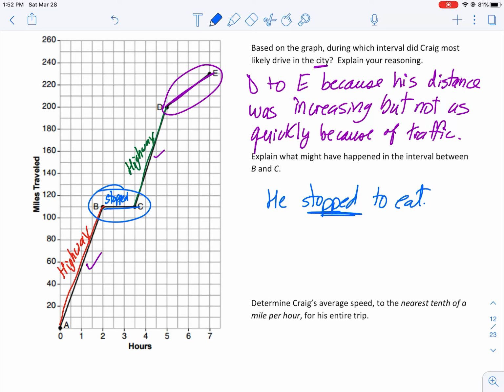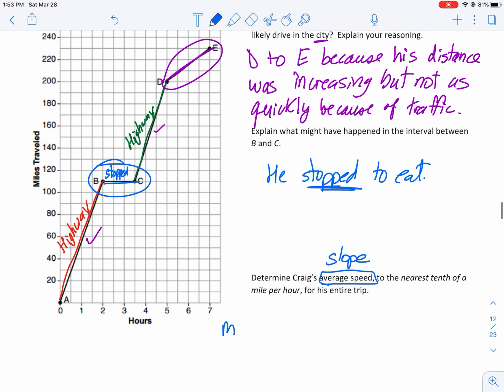The last question says, determine Craig's average speed to the nearest tenth of a mile per hour for the entire trip. This right here should clue you in to the word slope. We talked about it earlier on here. y2 minus y1 over x2 minus x1. We're just going to have to go to the graph and get the points. It says for his entire trip.